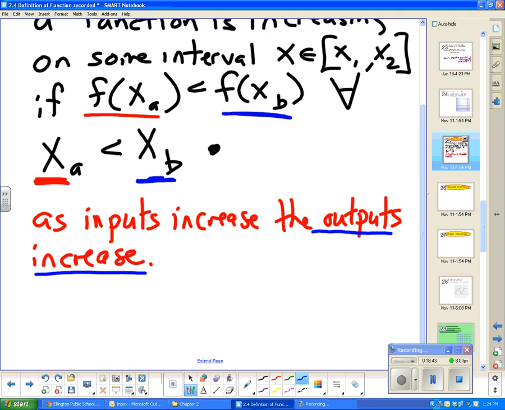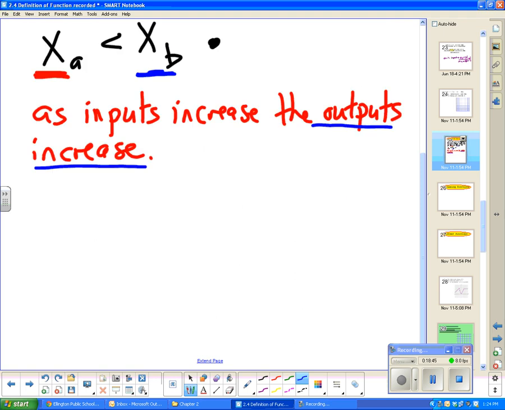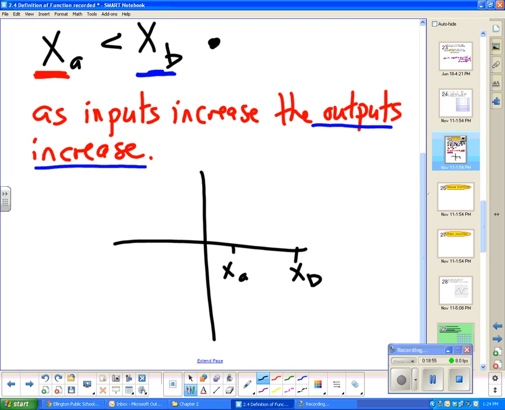What does this look like graphically? Now, if I take my coordinate plane, and I have some x sub a and x sub b, where x sub b is larger than x sub a, and I have then some situation where my f of x sub a is smaller than my f of x sub b. That creates 2 points right here.